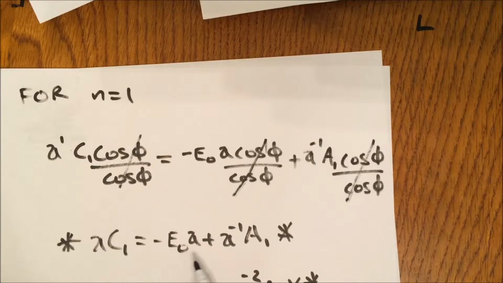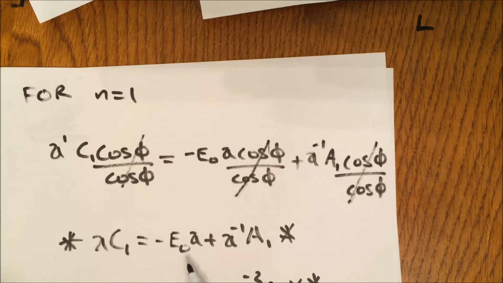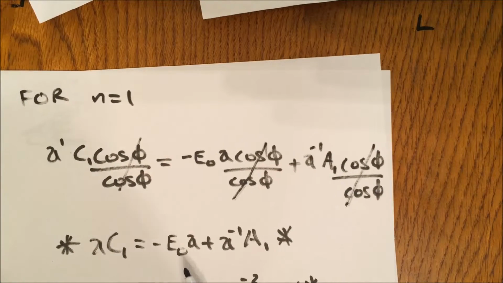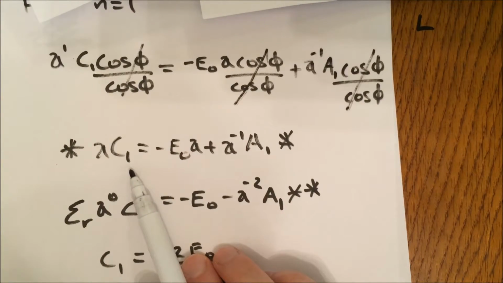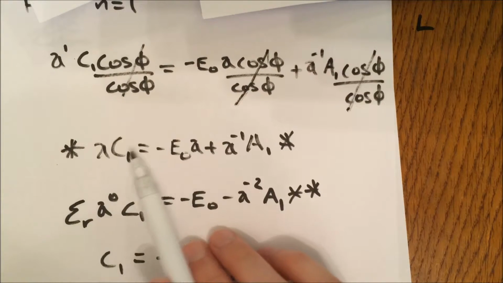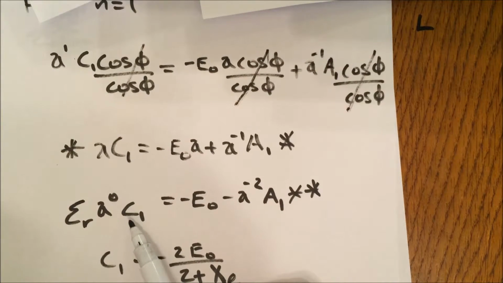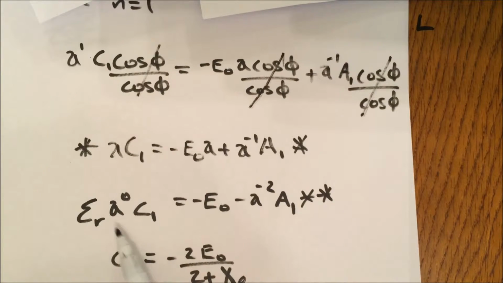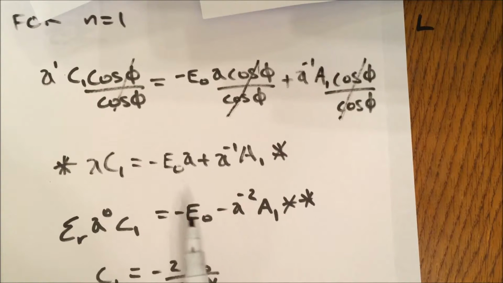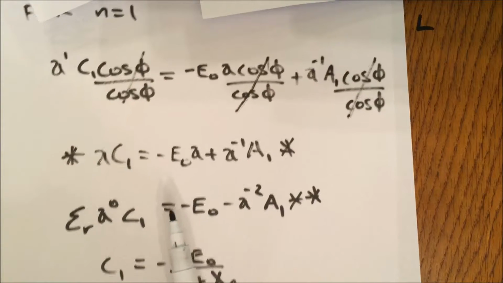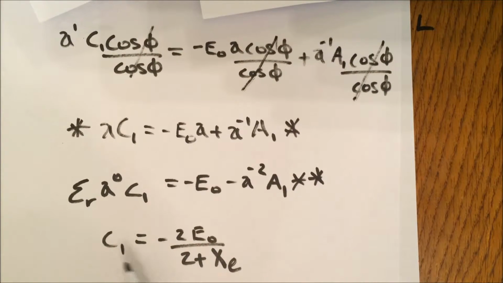And then if we use condition number 2, it says the derivatives and the permittivity coefficients, if you take the derivative of that, you end up getting s to the -1, and if n is equal to 1, you get a to the 0, c1 minus e0, and a to the -2. And if you take both of these two equations, set them both equal to a1, and then solve for c1, you get this.